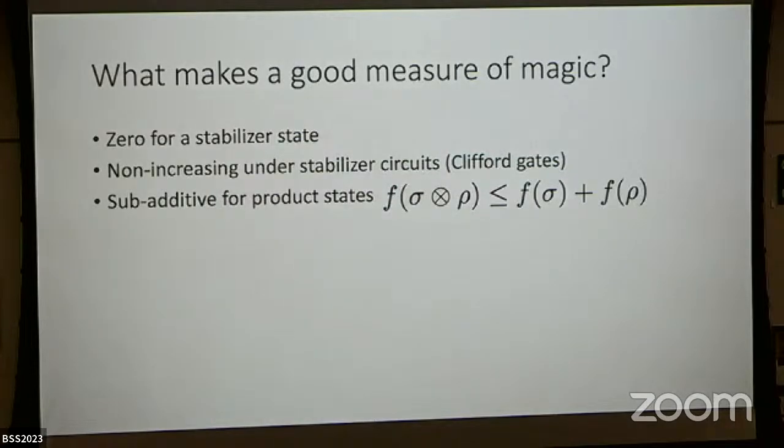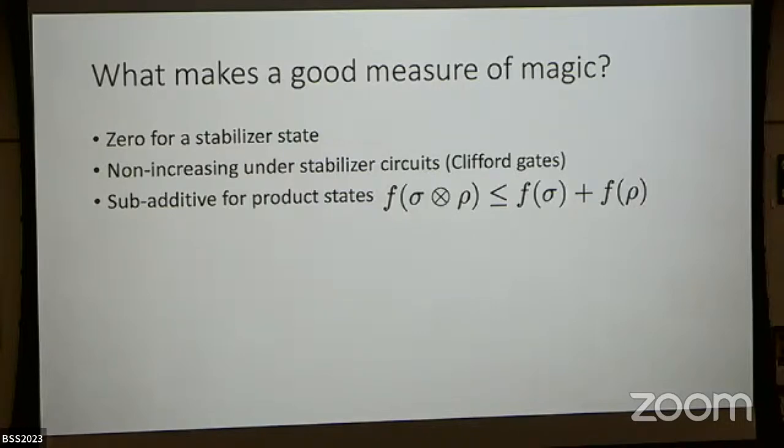Okay, but I said we want to measure magic, we want to observe magic, but how do you do that? The first thing is I'll just describe what makes a good measure of magic. And some of this you could probably already think of, right? It should be 0 for a stabilizer state by definition. It should also be non-increasing under stabilizer circuits.